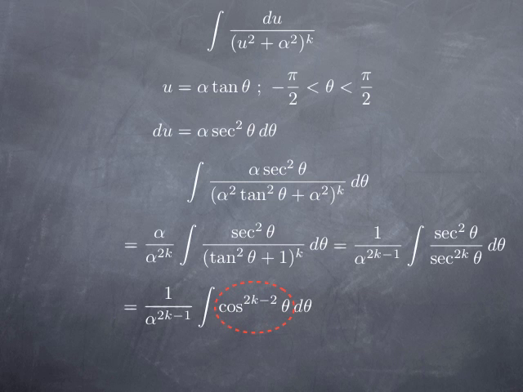And now it comes down to integrating an even power of a cosine or a sine, and we've seen how to proceed with that using the double angle formula at the beginning of module 5.